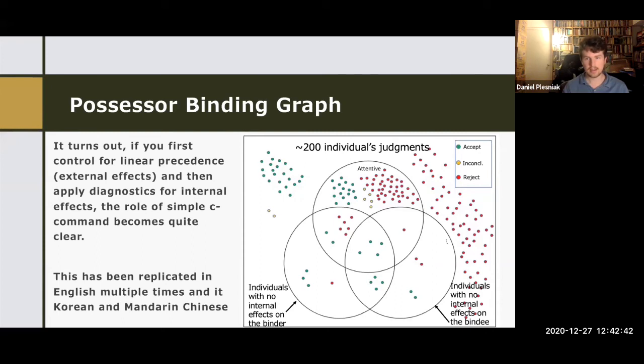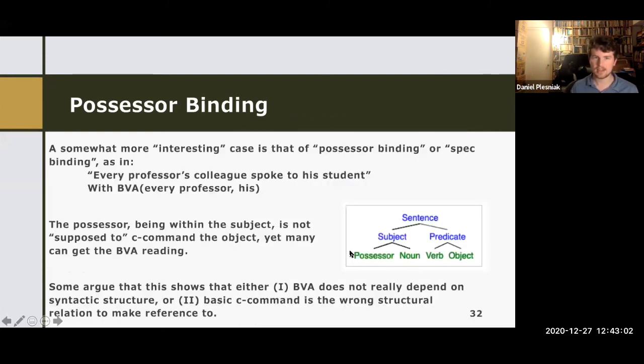You have greens in the center, no reds in the center. Reds exist, a lot of reds exist, but they all show some telltale signs of why they would accept an anti-structural BVA. People who don't show those signs don't accept these possessor bindings. And now there's not too many people in the center here. That's partially to do with how complicated these sentences are.